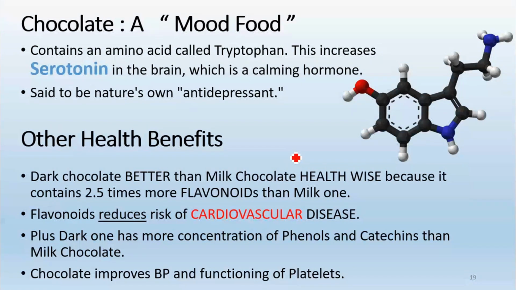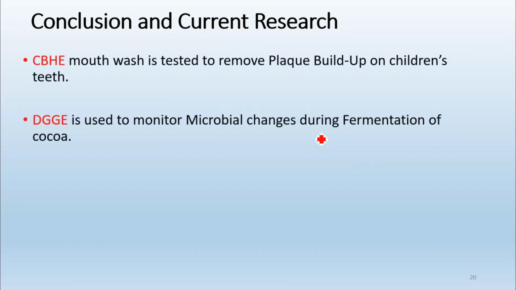But the problem with our generation is that we go for taste rather than health benefits. That's why we tend to use milk chocolate rather than the dark one. And chocolate also improves our blood pressure and the functioning of platelets. That's my last slide now. I am finally moving towards my conclusion and the current research.